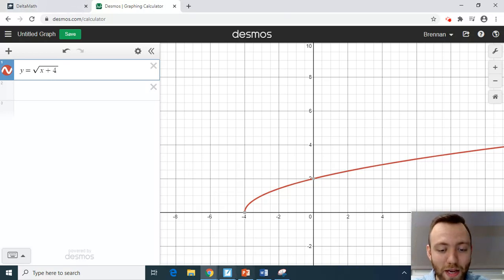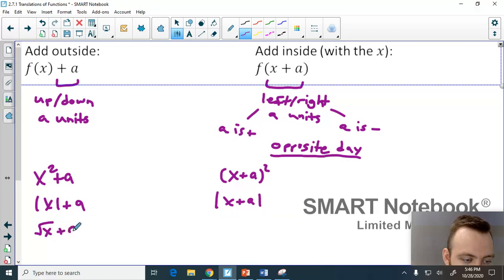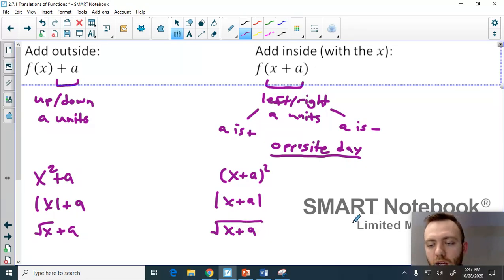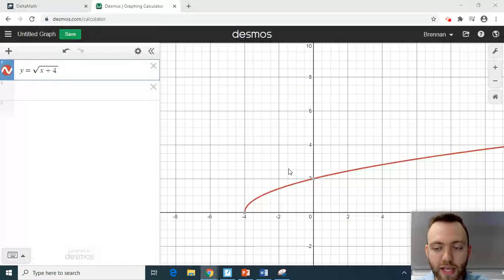And so same deal. When we come back here, what we're talking about is now we have the square root of x, and then on the outside would be plus a, and on the inside would be contained in this square root. And we have one more to really look at, and that is going to be our exponential.